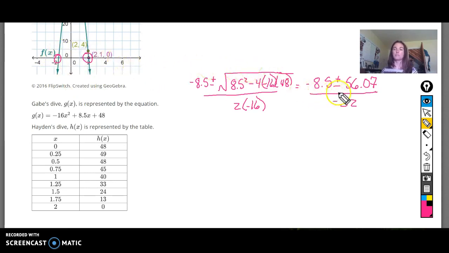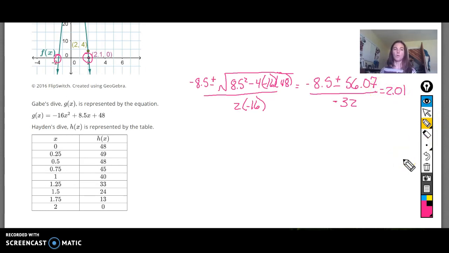So I'm going to subtract the 56 from 8.5, because when I do that and I divide by the negative 32, I'll get a positive answer. So let's see. And I divide by 32, I'm going to get 2.01.